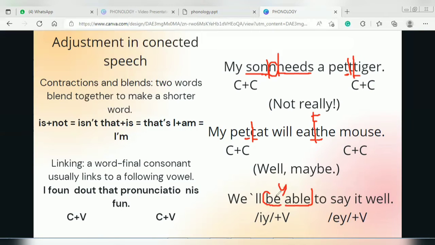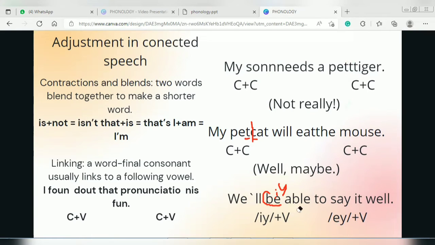Because this sound is like an E, and that is why when we talk fast, these words link and form this type of route. Be able.